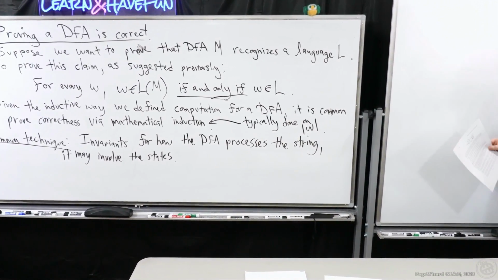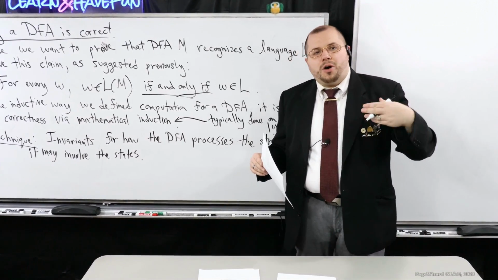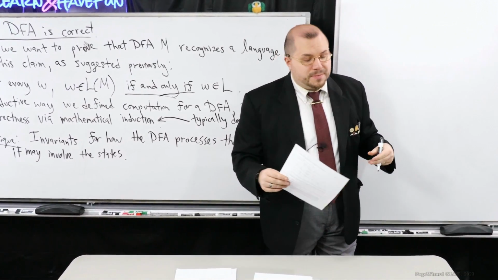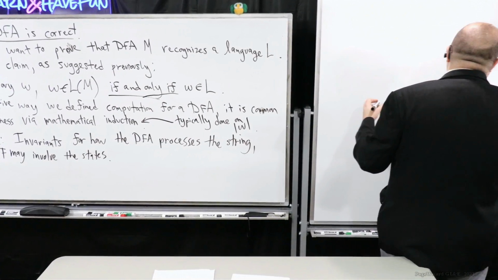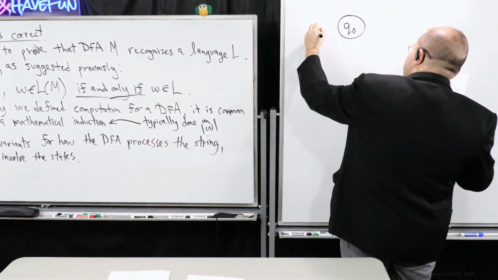Last time I showed you a DFA that we claimed accepts strings with an odd number of zeros in them. I'm just going to remind you what that looked like. And we made a claim about it when we did.